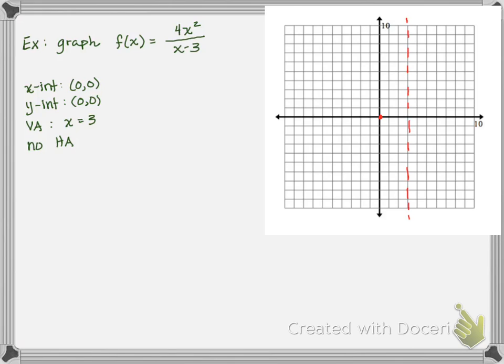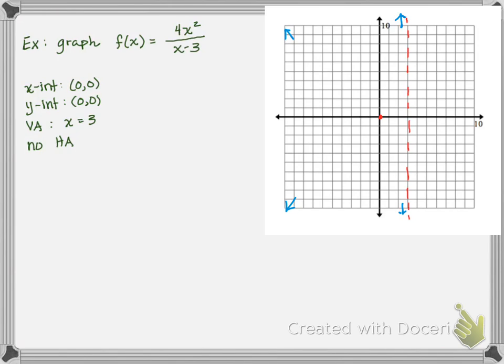However, the fact that there is not a horizontal asymptote means that the arrow on the left and the arrow on the right have to go to either positive or negative infinity because they're not approaching another value. If there's no horizontal asymptote, they're not approaching a specific value, which means either we're going up here or we're going down. And then the same is true right here, up or down.